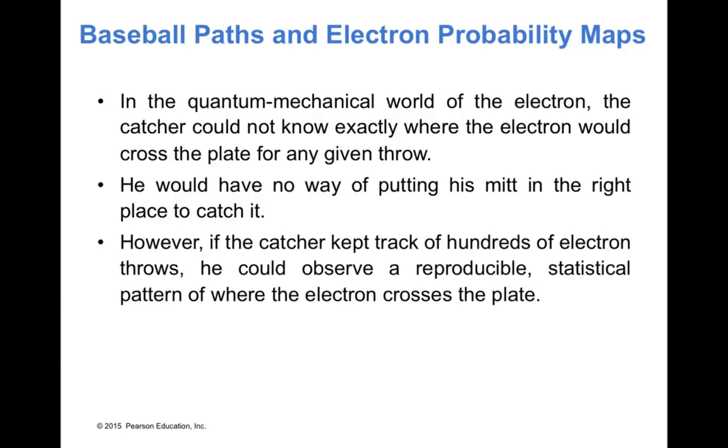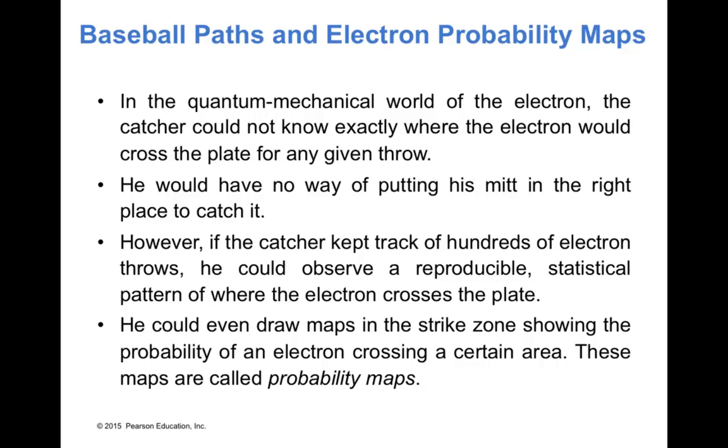However, if the catcher kept track of hundreds of electron throws, he could observe a reproducible statistical pattern of where the electron crosses the plate. He could even draw maps in the strike zone showing the probability of an electron crossing a certain area. These maps are called probability maps.